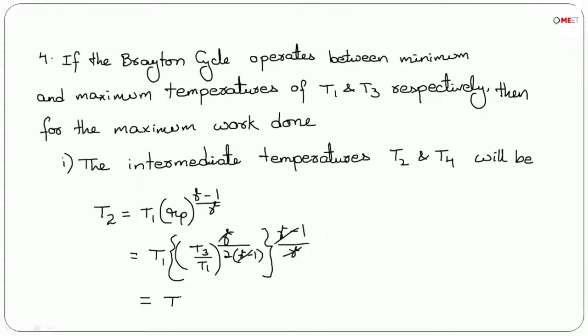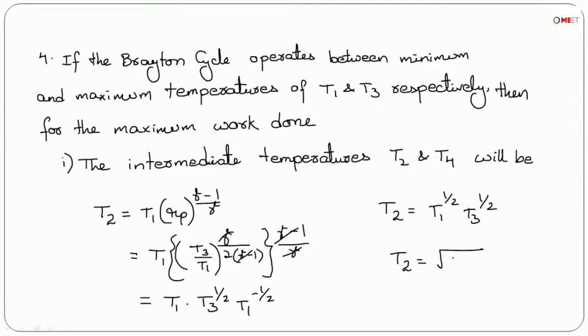So from this we can write T1 into T3 power 1 by 2 T1 power minus 1 by 2. So we can write this as T2 is equal to T1 power 1 by 2 T3 power 1 by 2, or T2 temperature will be under root of T1 T3. Now we got T2 value.